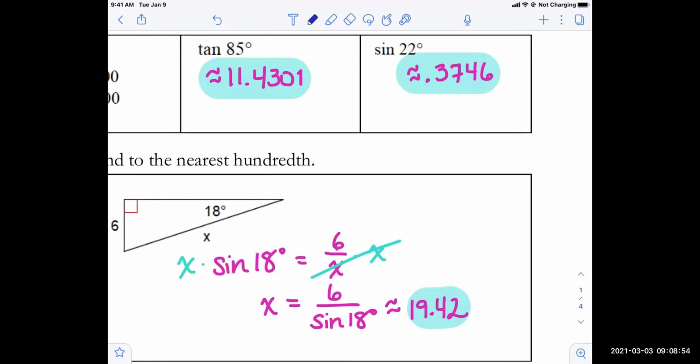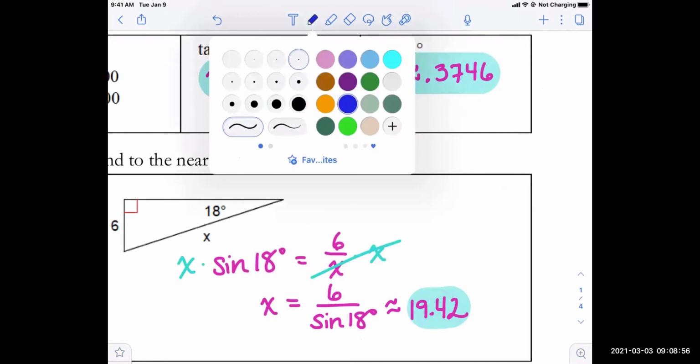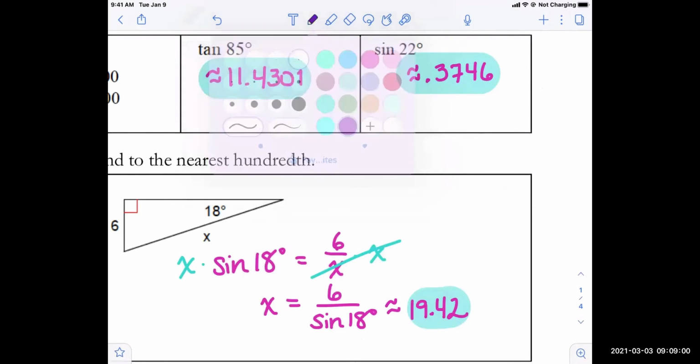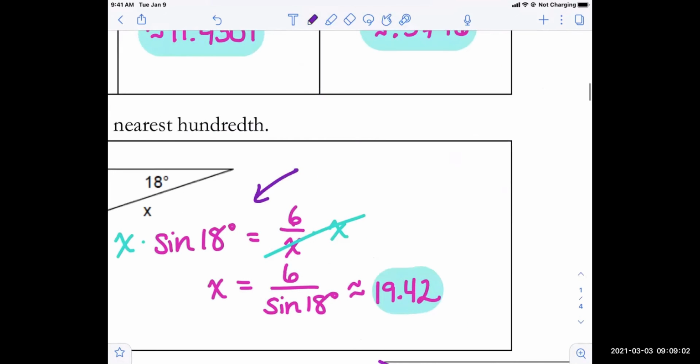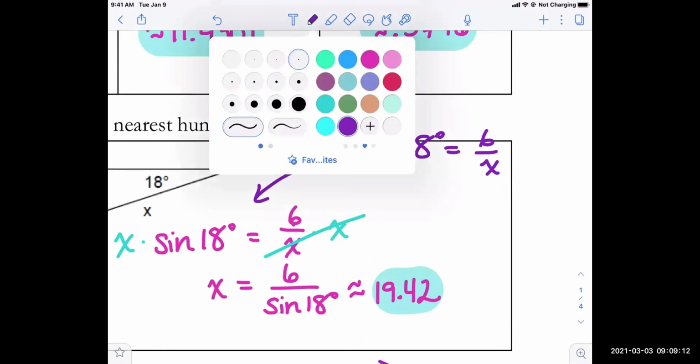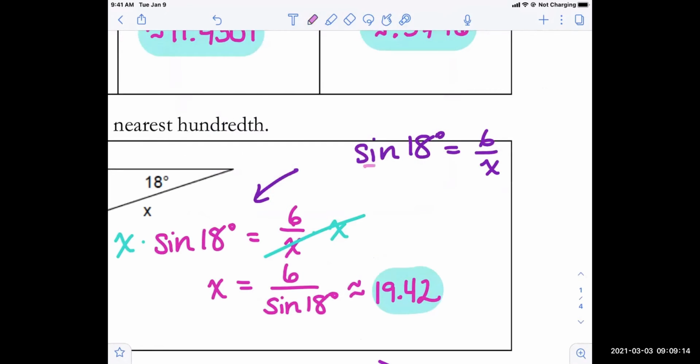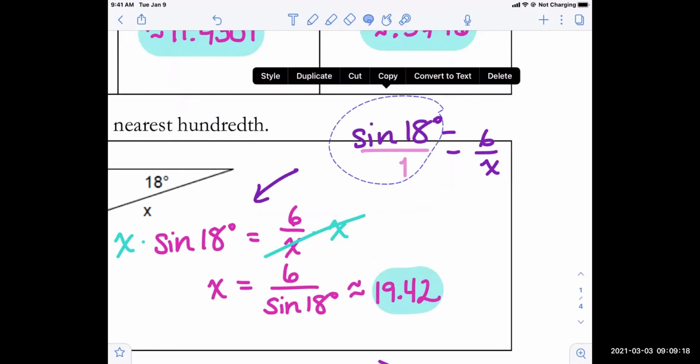But another option for solving that equation: same equation, sine of 18 degrees is 6 over x. If you prefer to just turn that into a proportion, just throw it over 1 and then you can cross multiply to solve.